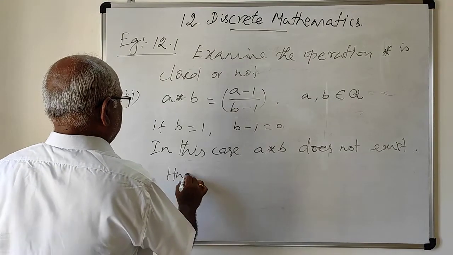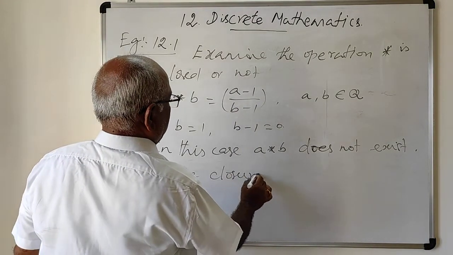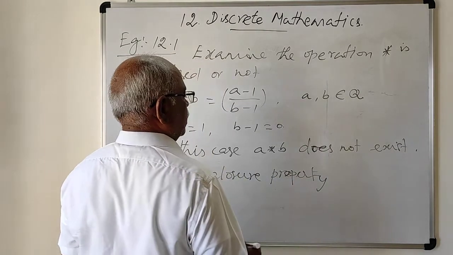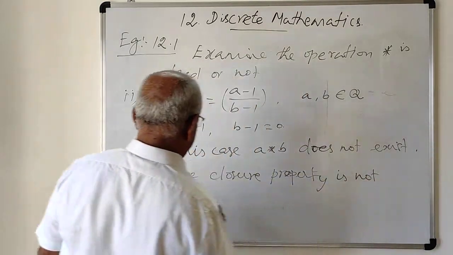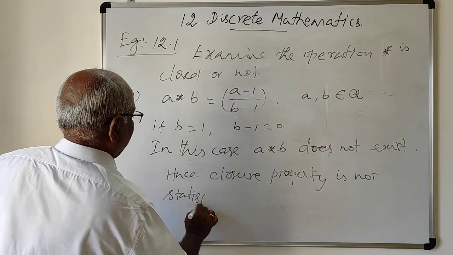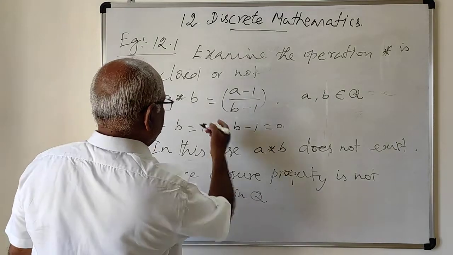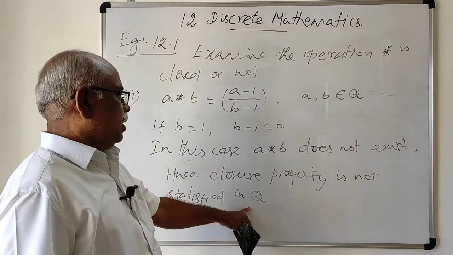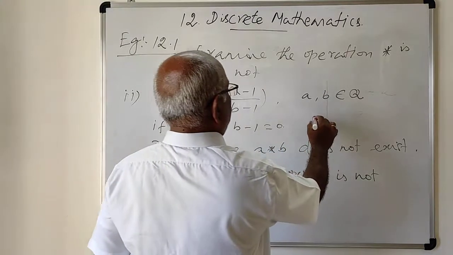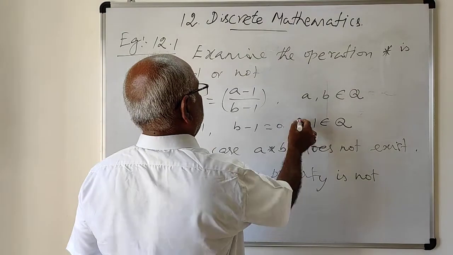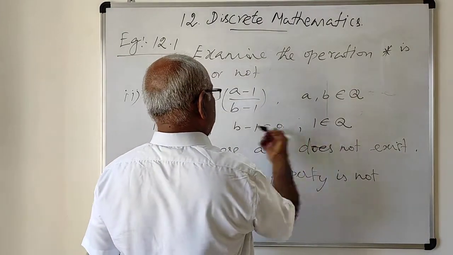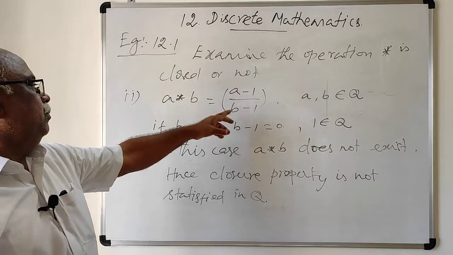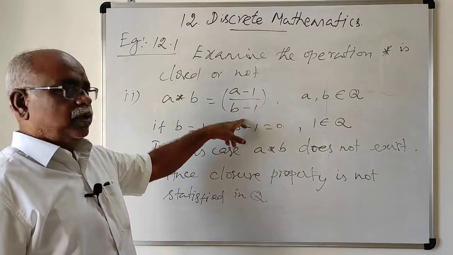Hence, the closure property is not satisfied in Q. In this problem, the closure property is not satisfied in Q because B equal to 1 is also in Q. If B is 1, B minus 1 is 0, the denominator is 0, and A star B is A minus 1 by 0, which is undefined.